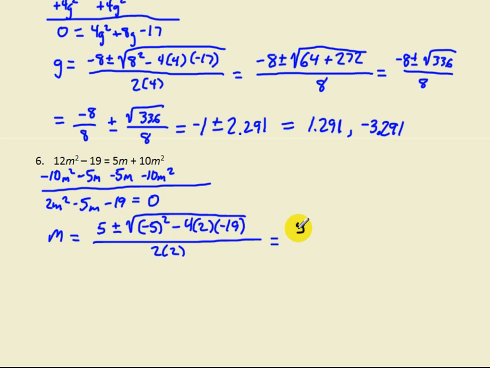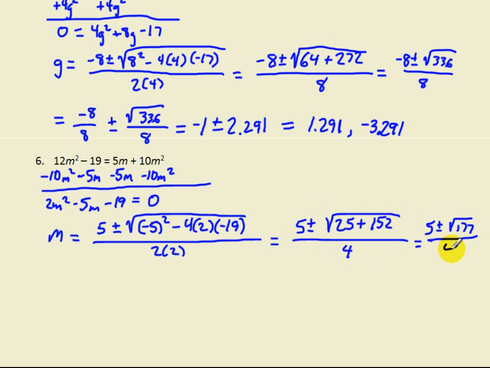So this is equal to 5 plus or minus, and we're going to get 25, and again we're subtracting a negative, so we're actually adding 152 all over 4. And so here we get 5 plus or minus the square root of 177 all over 4.